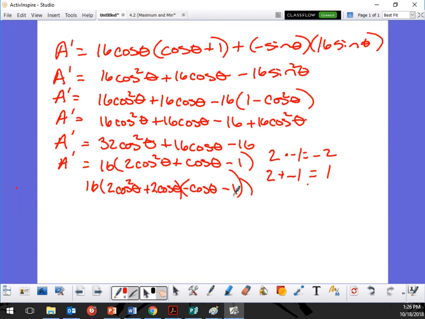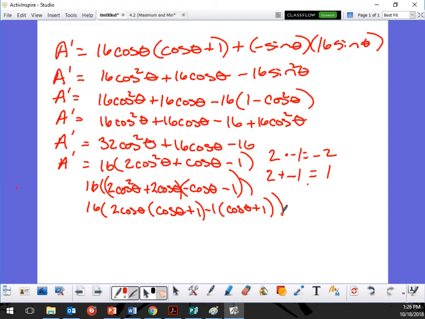So group those. I can take out a 2 cosine: 16 parentheses 2 cosine theta, and I'm left with cosine theta plus 1. And over here, I'm going to factor out a negative 1. Negative 1, I'm left with cosine theta plus 1.